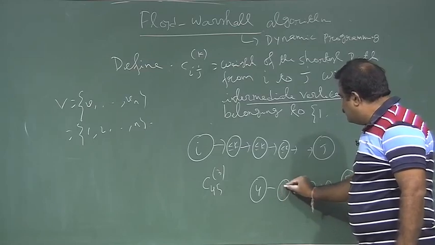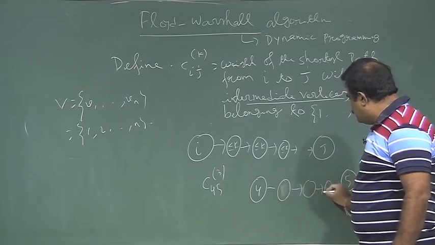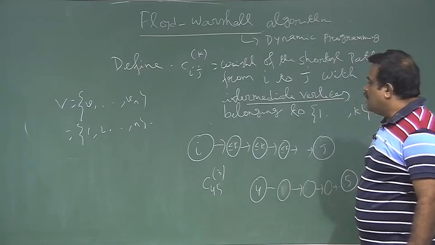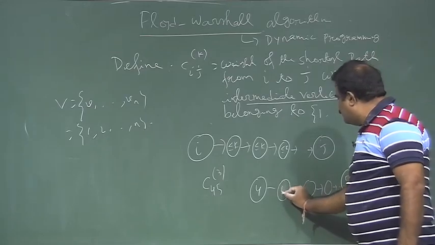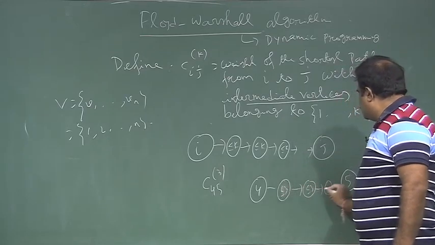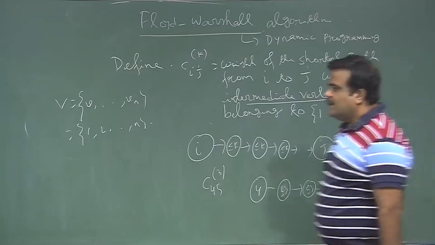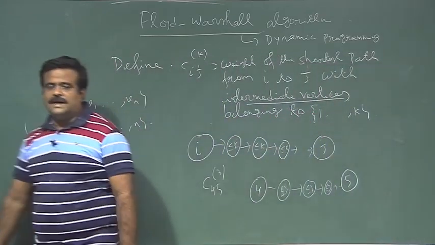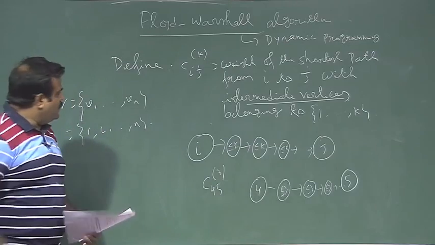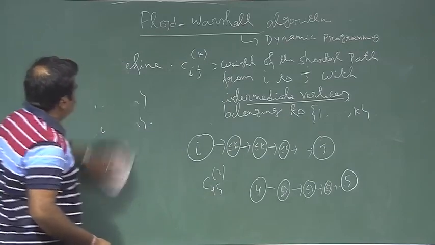So they are either V1, V2 or V3. This is the restriction, and we take all such paths and take the minimum among them. This is how we define these C_ij's.